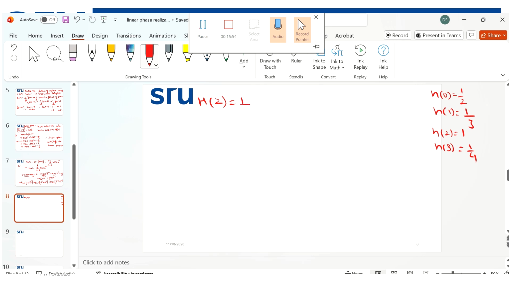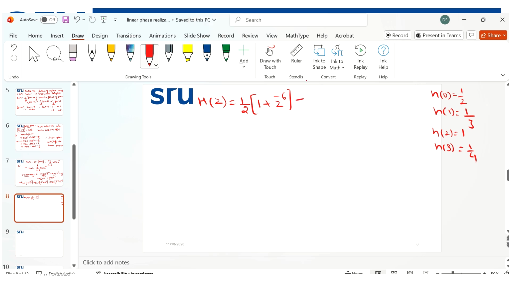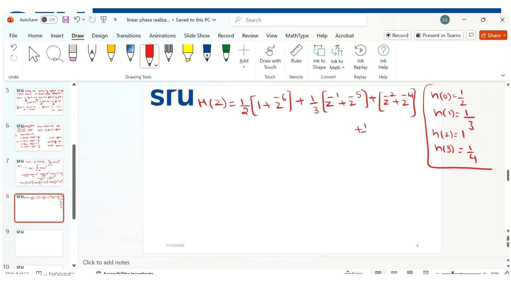You will have 1 by 2 into 1 plus z power minus 6, plus 1 by 3 into z power minus 1 plus z power minus 5, plus 1 into z power minus 2 plus z power minus 4, plus 1 by 4 into z power minus 3.